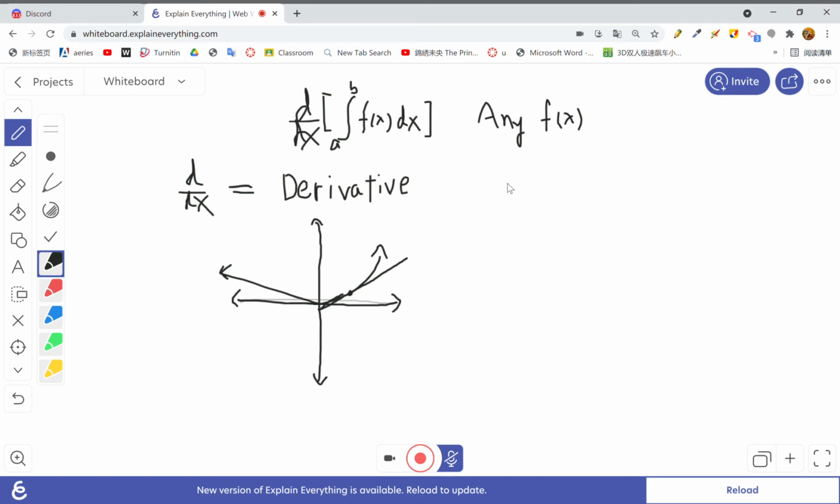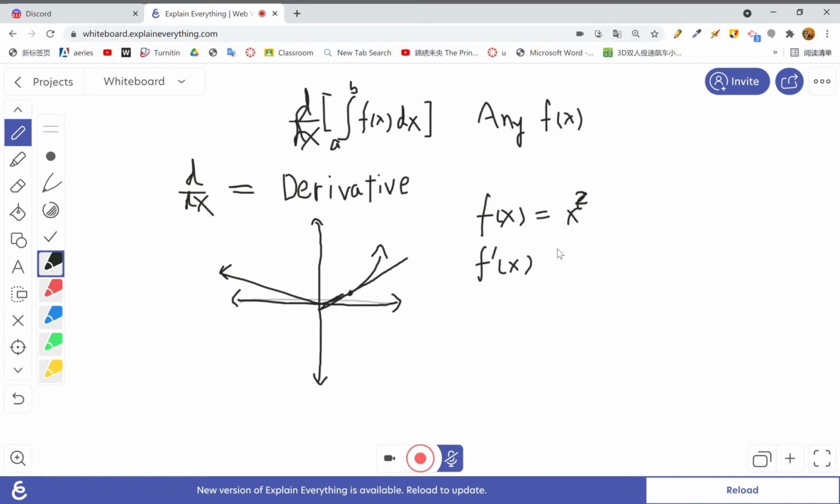Let's say a function f of x is equal to x squared. And then the derivative looks like this. What does that even mean?